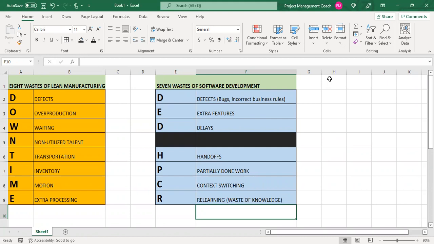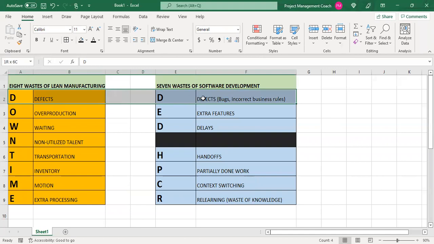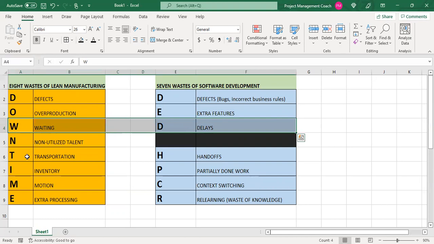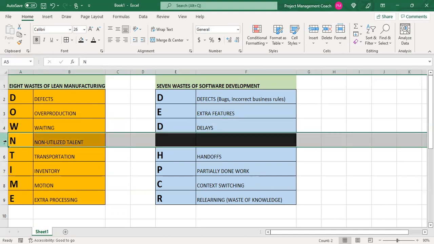And we could talk about this more and more, but I think at this level, if you remember, defects in lean manufacturing equates to defects in software. Overproduction equates to extra features. Waiting equates to delays. Just remember the N goes away here, right? But you could argue that, yeah, in the world of software, that is one for sure that we could be aware of, right?